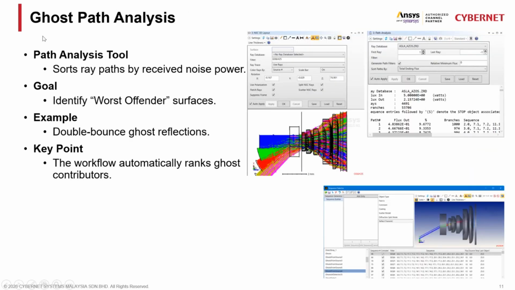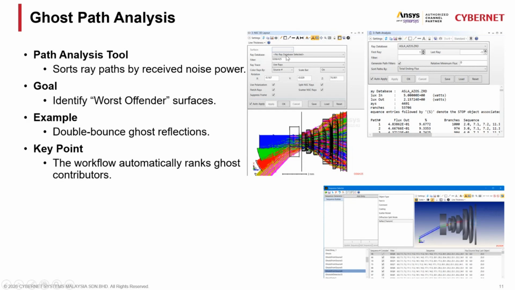Okay, so inside Zemax we actually have some tools to analyze the path, but these are restricted to the lens array without the mechanical part. Inside Zemax, we have this NSC 3D Layout.